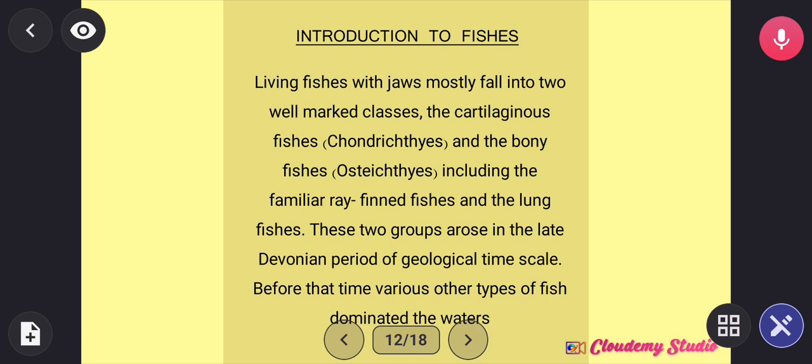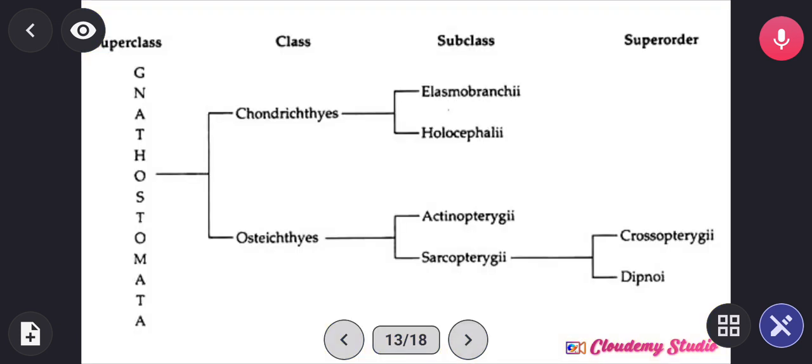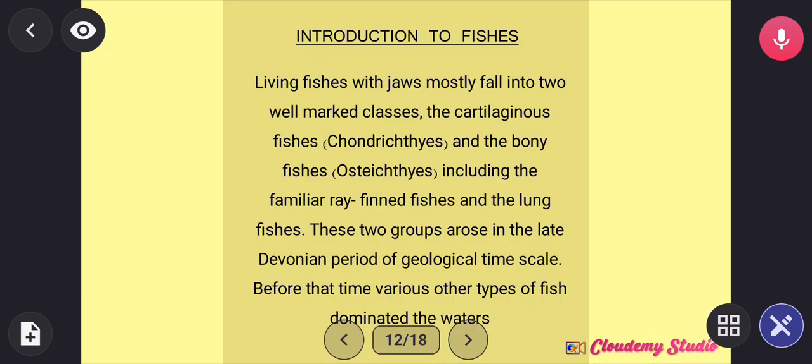This group is believed to have arisen in the late Devonian period, and before that time various other types of fishes dominated the water, just like the agnathans. But the primitive gnathostomes that we have are the chondrichthyes and the osteichthyes. Even before I talk about this, I'm supposed to talk about the classification of the gnathostomes.